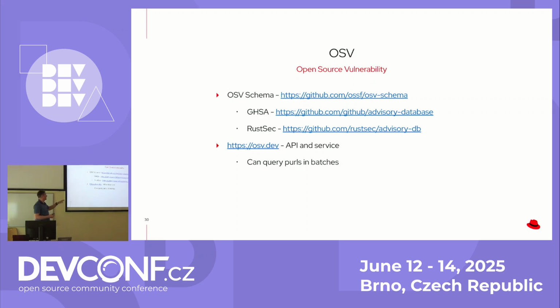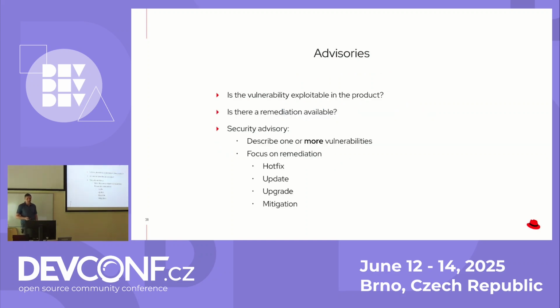But on top of that, the OSV project provides an API and a service where you can query directly for certain vulnerabilities, or by package, to try to find the CVEs of that particular package. What's super useful is that you can query PURLs in batches, which allows us, for example, to parse the SBOM, get all the packages, and in one query get all the vulnerabilities related to that SBOM, right?